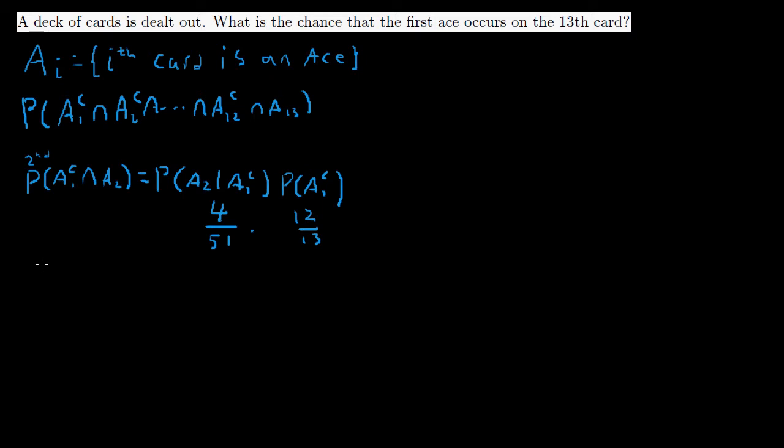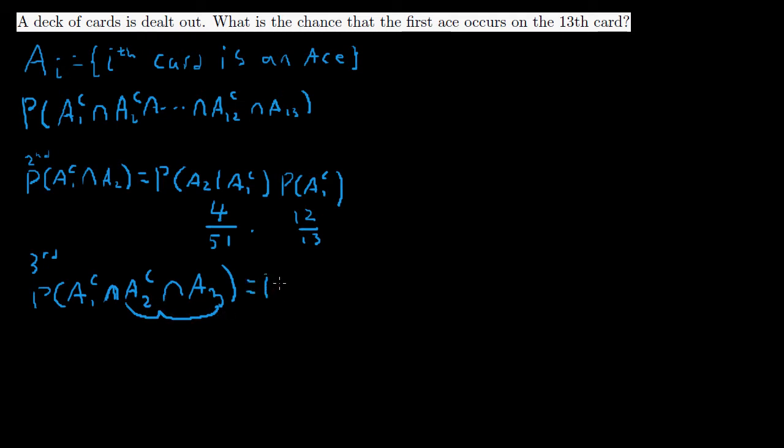How about for the third card? For the third card, this is P of A1 complement and A2 complement and A3. We'll treat this as our combined event, so we can work on this intersection first.